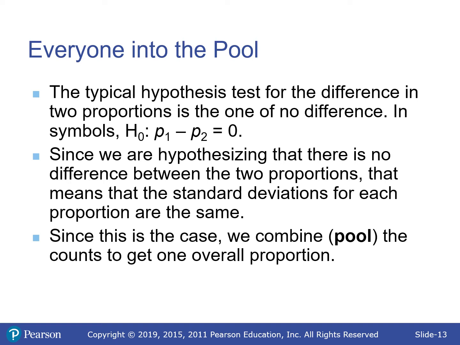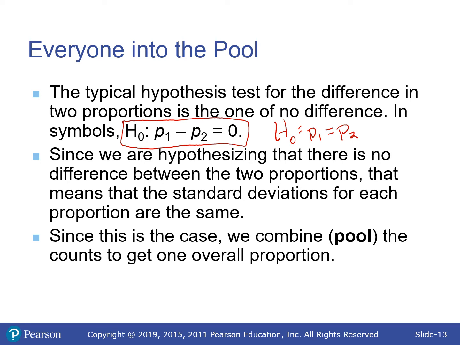It can either be this one here, that H naught is P1 minus P2 equals 0. When we subtract them, we get 0. Or we could also say H naught, P1 equals P2. Notice that these two things were equivalent statements. If we added the P2 over, it would be the same.